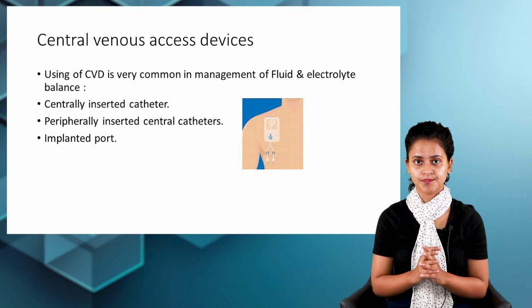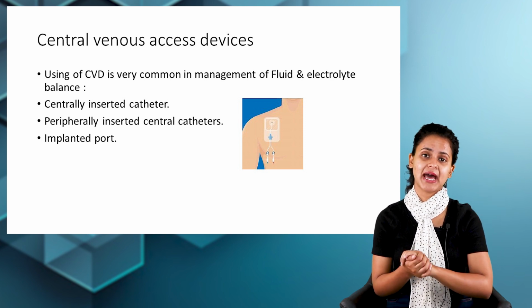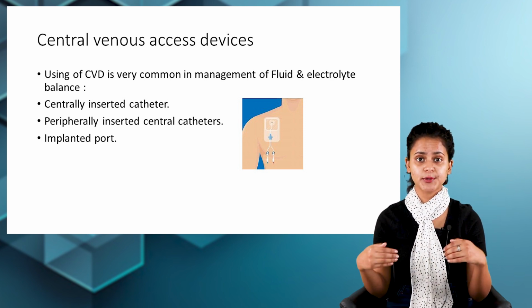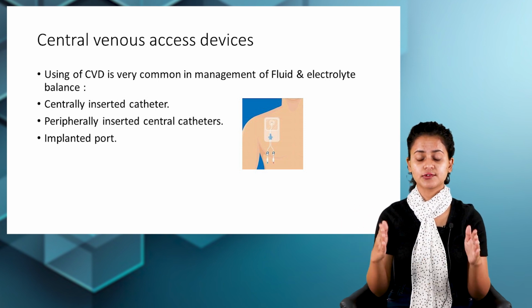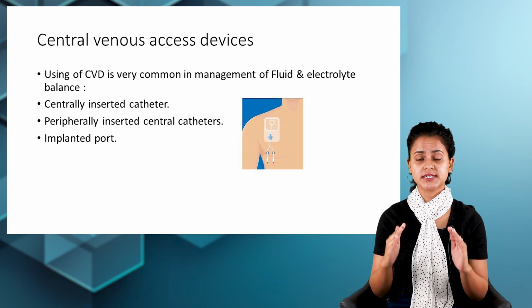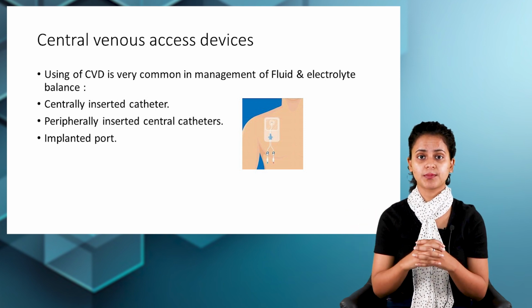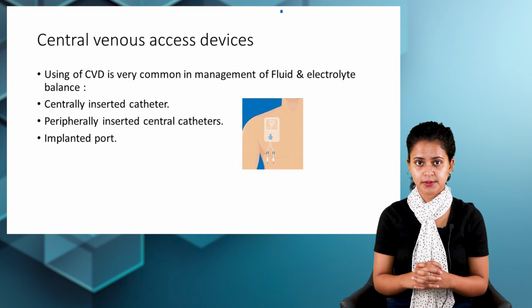It is very helpful. So these are the basic management steps which are often done initially to manage a client with fluid electrolyte imbalance to prevent further progression and complication development associated with it.